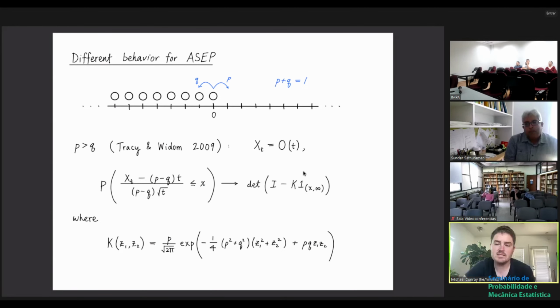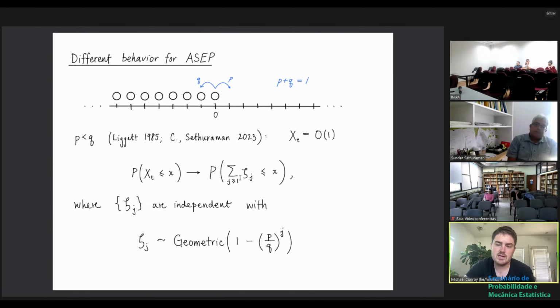This also really relies on there being a particle everywhere to the left of the origin. If, say, you had alternating where there's a hole at every other spot, you don't expect this order 1 behavior because there's room to move to the left. So that also is something interesting to think about.